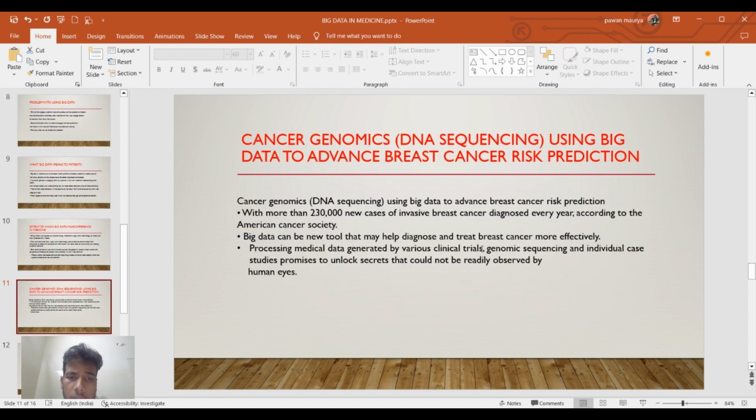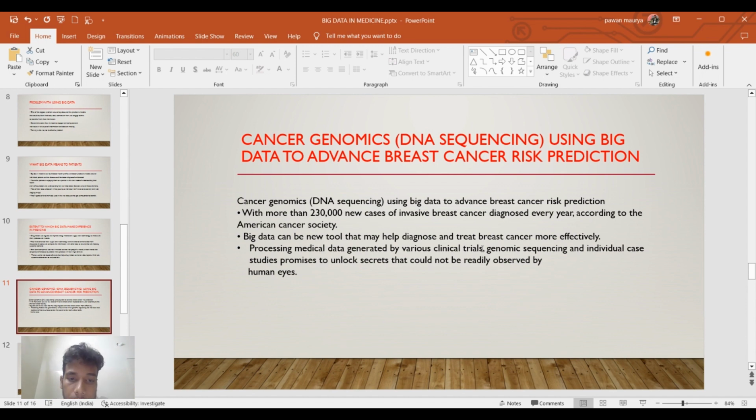Cancer genomics: DNA sequencing using big data to advance breast cancer risk prediction.